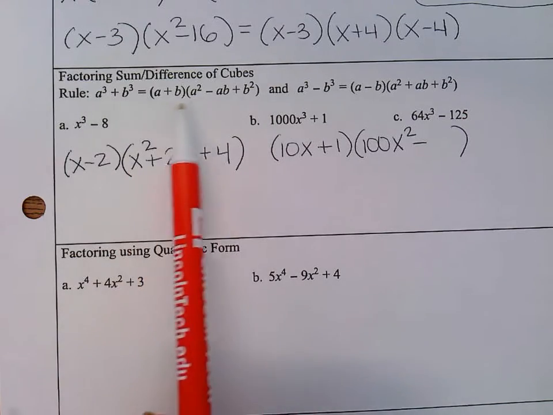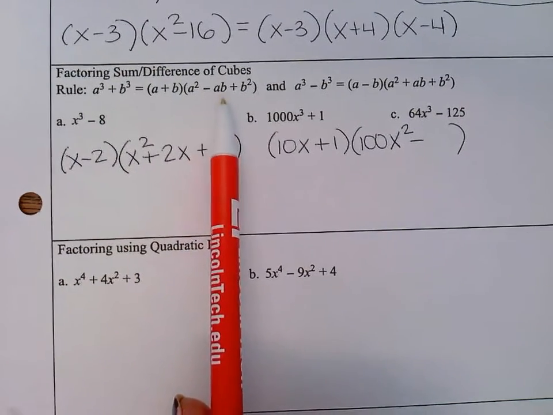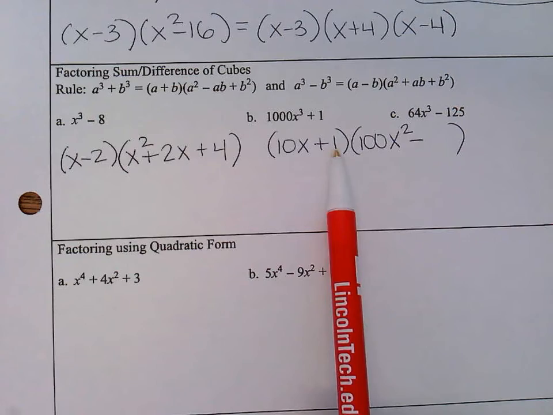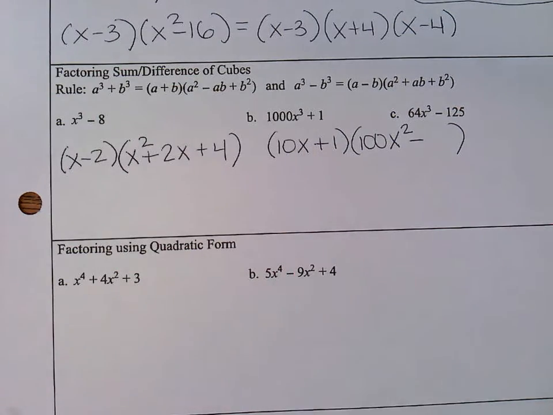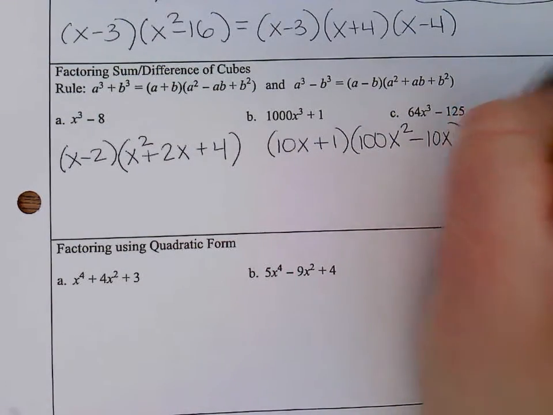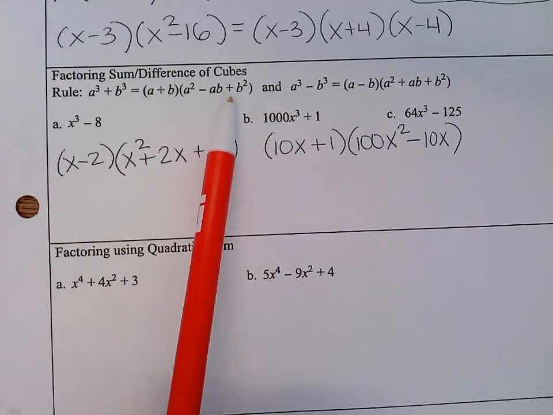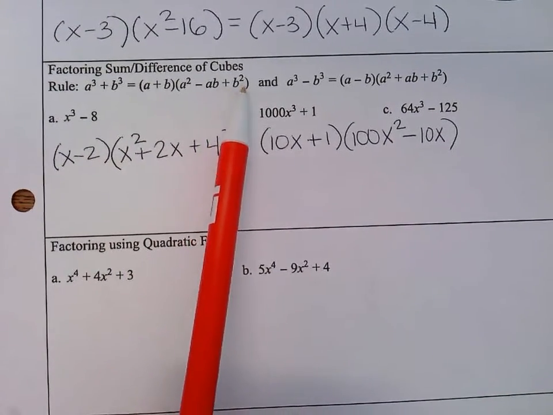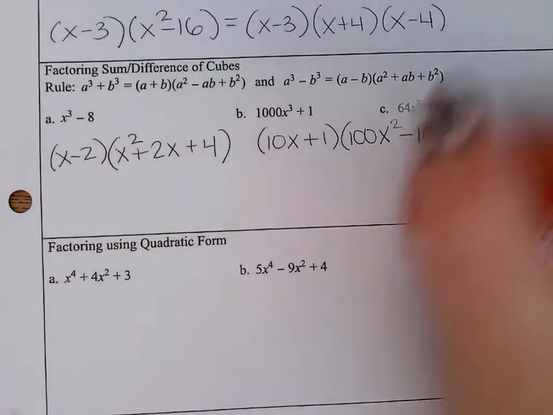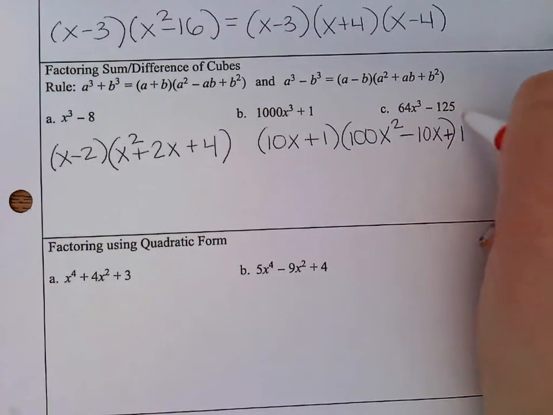And then I have to multiply the first term times that last term. So 10x times 1 is 10x. So minus 10x. The plus tells me now to put a plus right there. And then b squared, 1 squared is 1. I ran out of room, but plus 1.